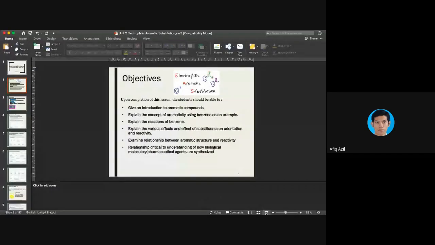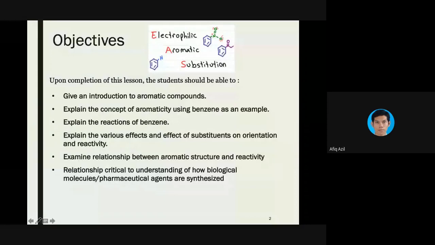At the end of this lesson, students should be able to give an introduction to aromatic compounds. So you will learn how to determine whether a compound is aromatic, non-aromatic, or anti-aromatic, and also the concept of aromaticity using benzene as an example.